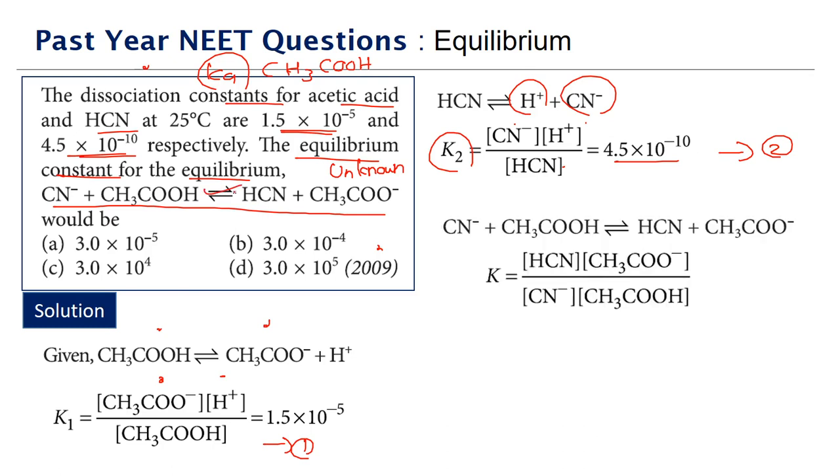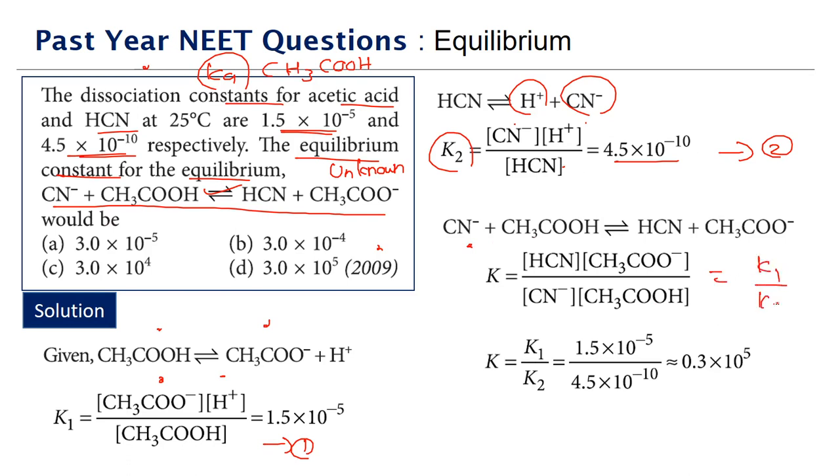So look at this carefully. For the unknown reaction, if we write down the equilibrium constant, what is this? Product HCN into CH3COO minus divided by CN minus into CH3COOH. If you take a closer look at this expression, this K is nothing but K1 by K2.